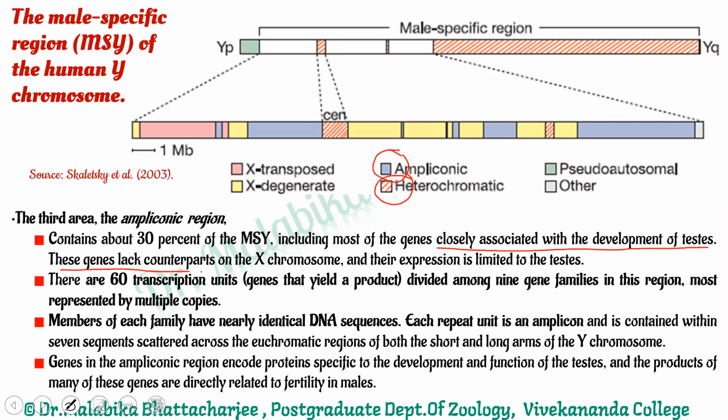These genes lack counterparts on the X chromosome, and their expression is limited to the testes. So the Ampliconic region is very much specific to the MSY region of the Y chromosome. In this Ampliconic region, there are 60 transcription units that have been divided among 9 gene families.